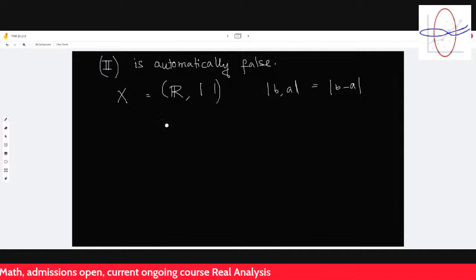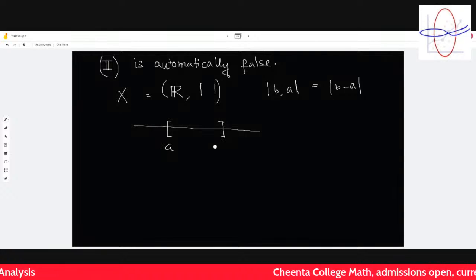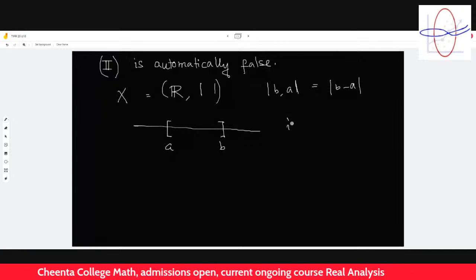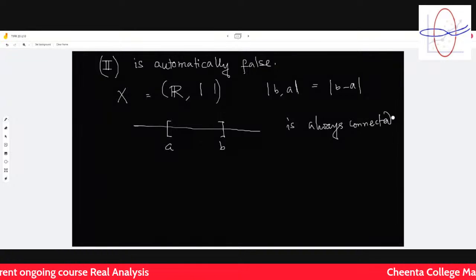And in that, if you take a closed interval [a, b], then any closed interval [a, b] is always connected in R, even path connected, you can say, in R, right?